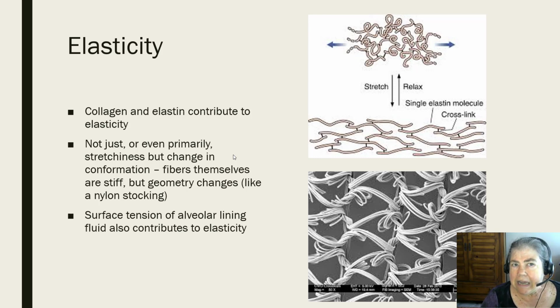But if you knit filaments of nylon into the conformation of a nylon stocking, then the geometry, even though the fibers themselves aren't stretchy, they're stiff, makes the stocking itself very elastic. When you stretch it, it stretches easily, it's compliant, but when you let go, it returns to its original conformation. So it's also elastic.